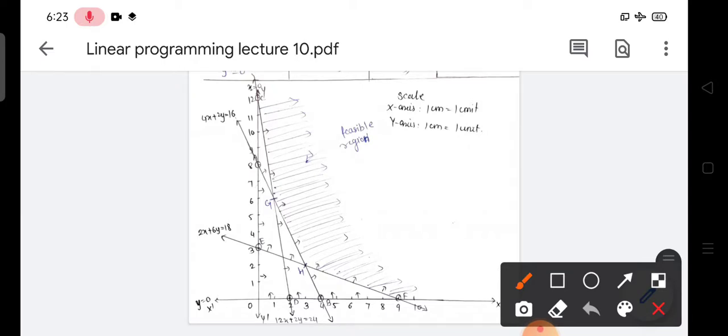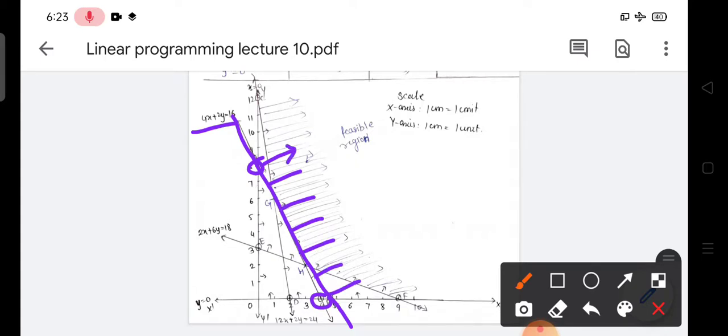For the first line, 0, 8 and 4, 0. So draw the line passing through these two. That is the equation 4x plus 2y equals 16. Okay. Now, the constant type is greater than. So the solution for this line belongs to the non-origin, that is the opposite side.